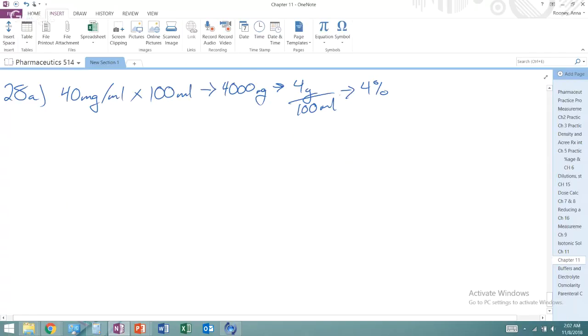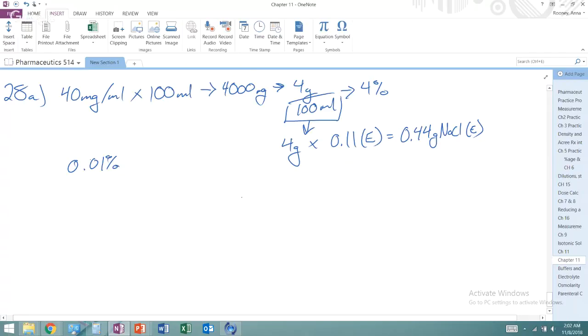So we're going to go back to this one. So 4 grams times its E value of 0.11 E, and that is equal to 0.044 grams sodium chloride E. Okay, and then our 0.01%, so our 0.01% is the same as 0.01 grams for 100 milliliters.